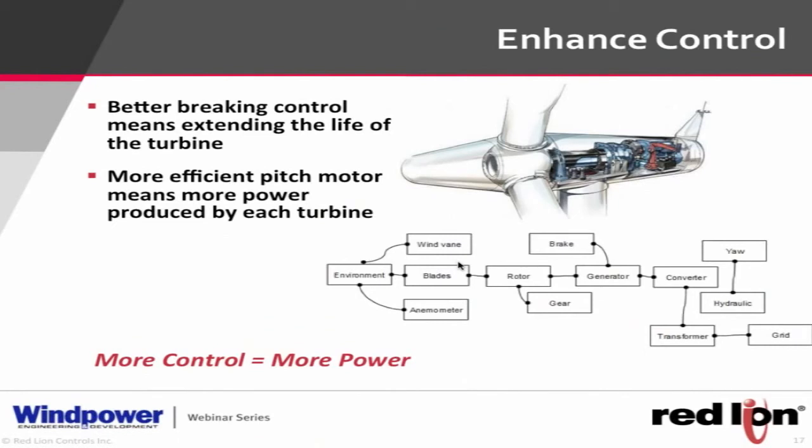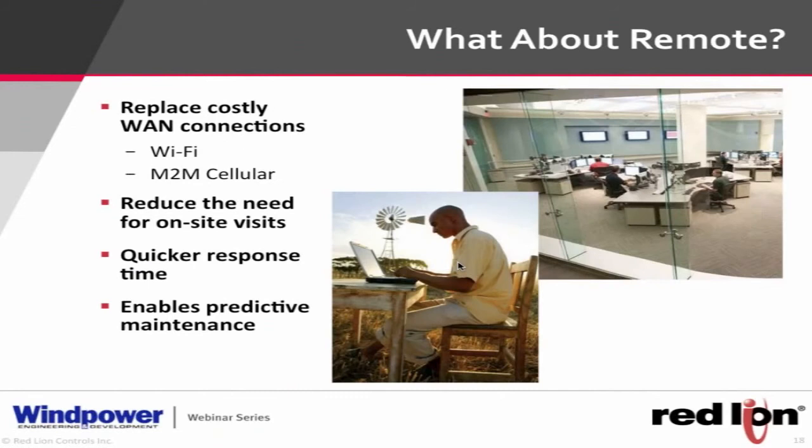Traffic light controls, for example, weigh stations, toll bridges, everything has Ethernet at the backbone, including these turbines here. More control, you get more power out of that, and that's why we're retrofitting these towers.